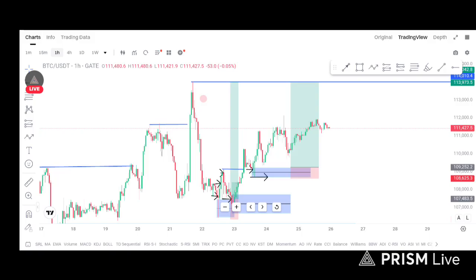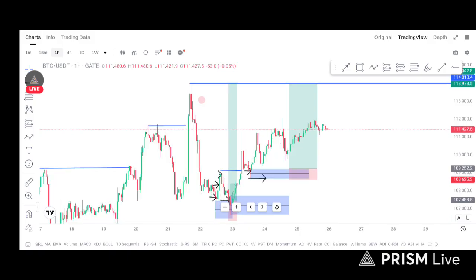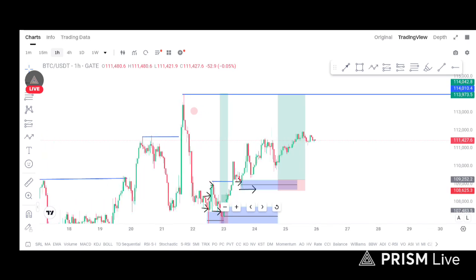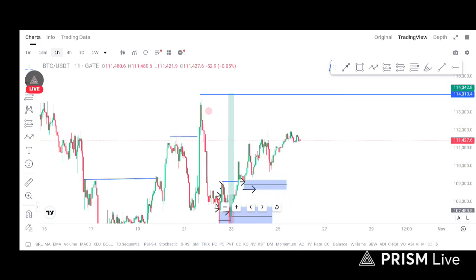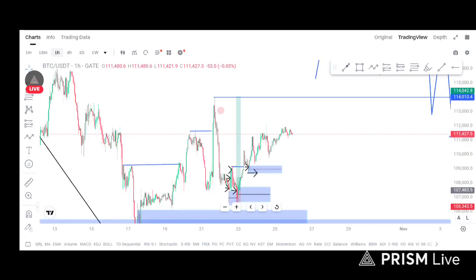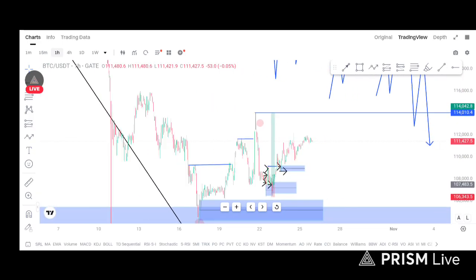That's when I consider leaving my entry there, without taking it out. But once market breaks this high, just delete this order, alright. So for now, market is coming for this high, right, okay.